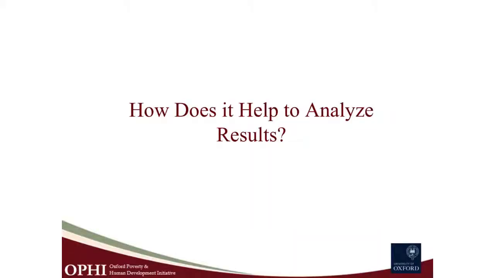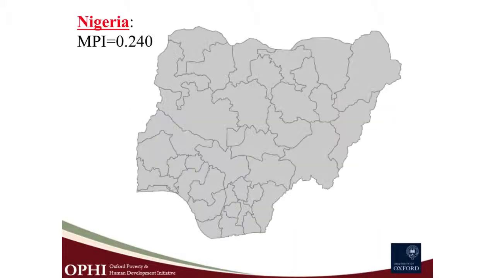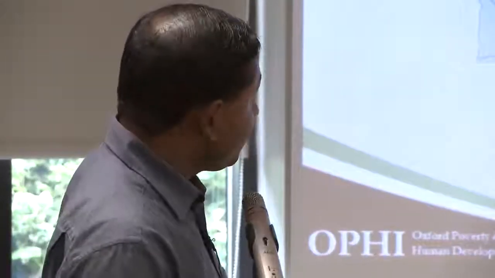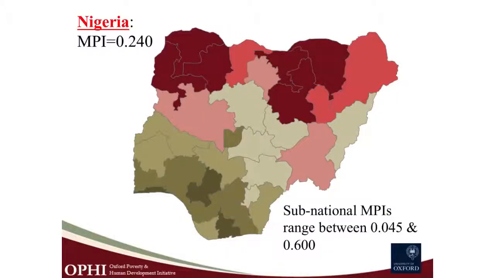Now, how does it help to analyze? So this is Nigeria, whose MPI is 0.240, based on our new results. When we go inside, what do we see? This is what we see. Quite wide disparity within or between subnational regions. I will come on Wednesday and talk about inequality, and there we will talk about within and between group inequalities.